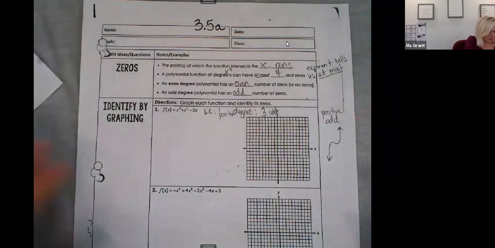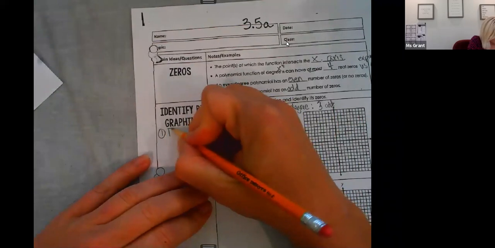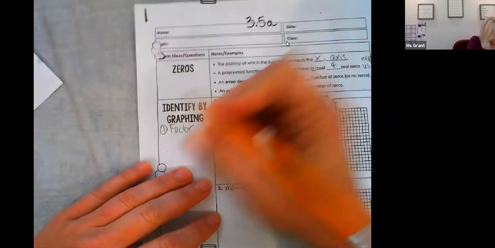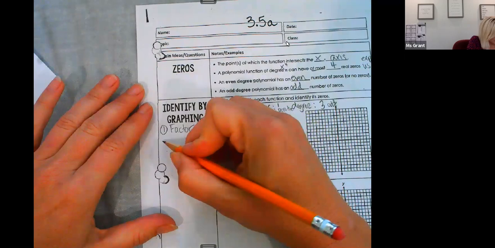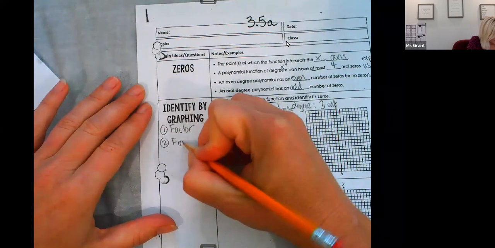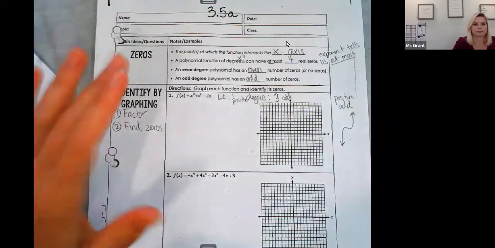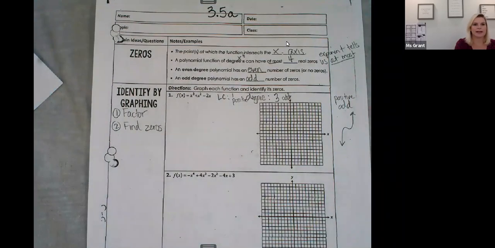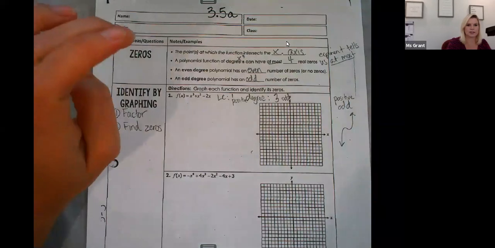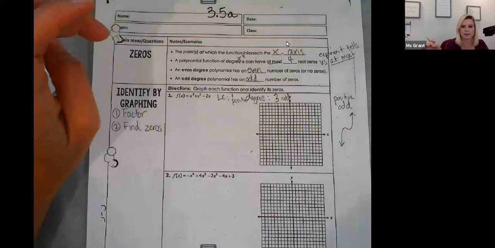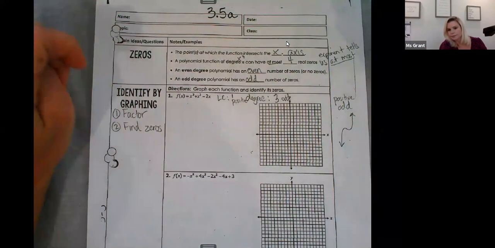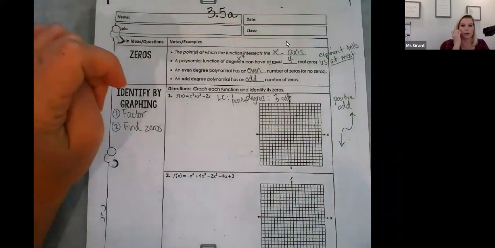So here's what's happening. Number 1, you need to factor if you can. And number 2, you find the zeros. So I'm going to factor. Sometimes the cord is sensitive, and if I move it, then the whole document camera shuts down.